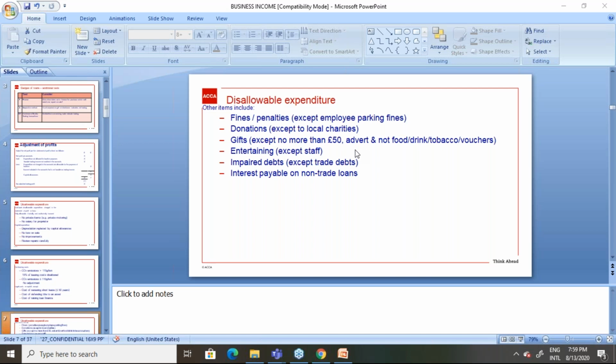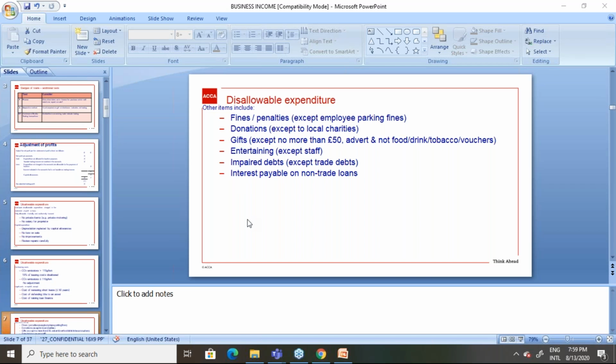And the other thing is, it shouldn't be food, tobacco, beverages, or vouchers, cash vouchers convertible into goods. So if it is food, tobacco, beverages, or vouchers convertible into goods, then it's not an allowable expenditure. The third condition, it should have some kind of a conspicuous advertisement, some kind of promotional value. If all 3 conditions are met, then it is an allowable expenditure.